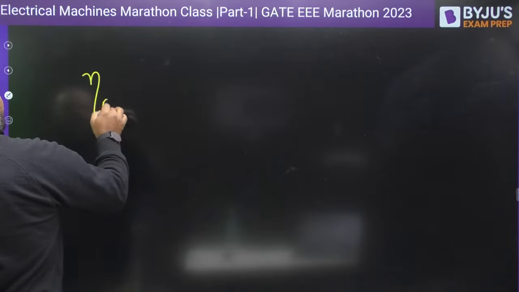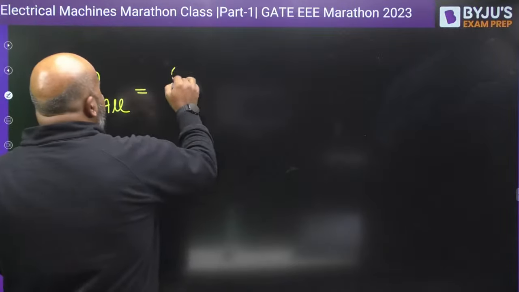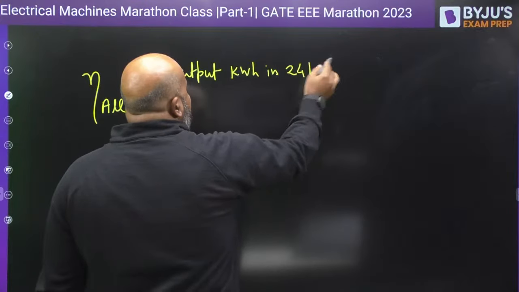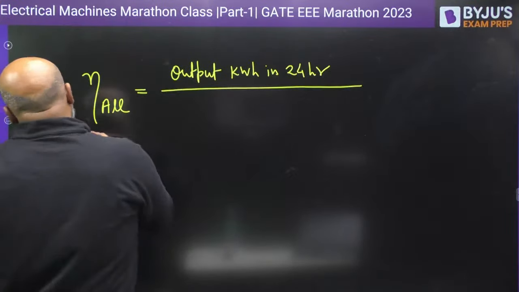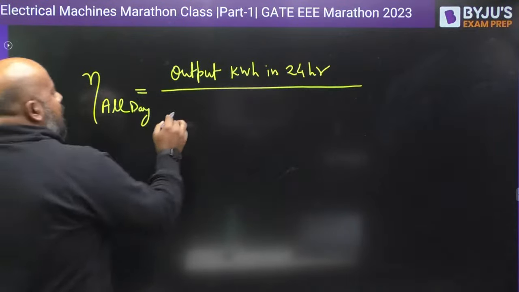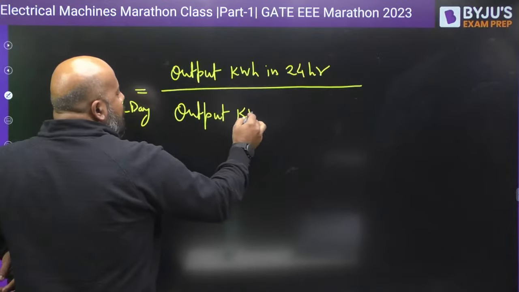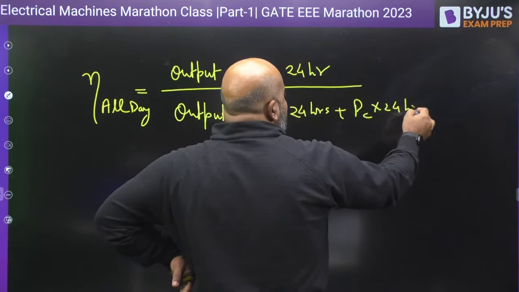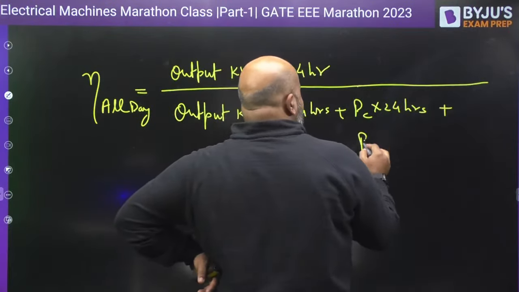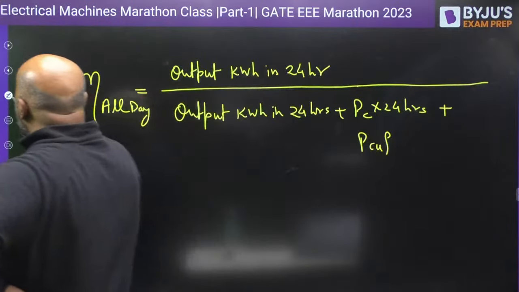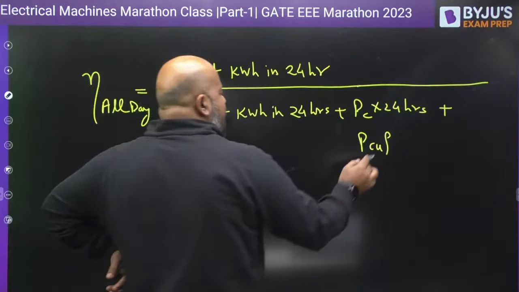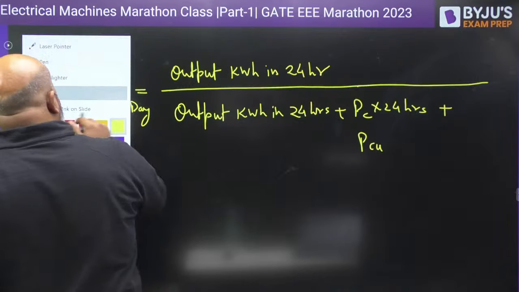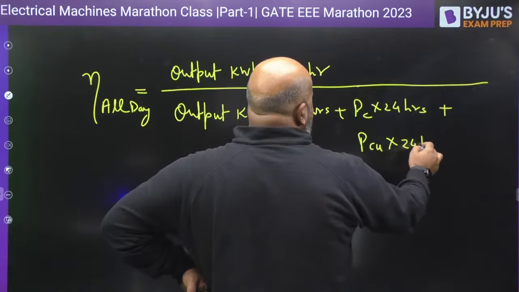So all-day efficiency is defined as the output kilowatt hour in 24 hours, because it is all day, divided by the output kilowatt hour in 24 hours plus core losses multiplied by 24 hours plus copper losses multiplied by hours.